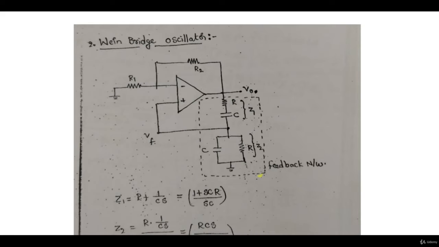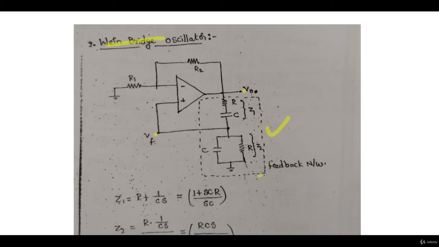By voltage division we can calculate Vf divided by V0 directly. Again we will do the same tedious task of finding the beta value, then equating the imaginary term to 0 and the real term as gain, feedback factor, all the same things. It's just the feedback network that is different, and hence the oscillator is different, the Wien bridge.